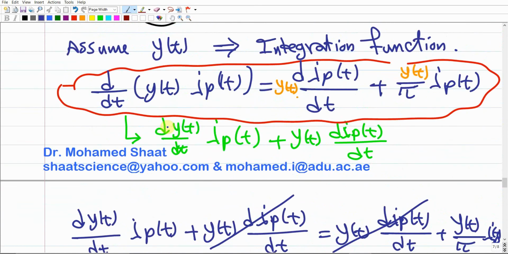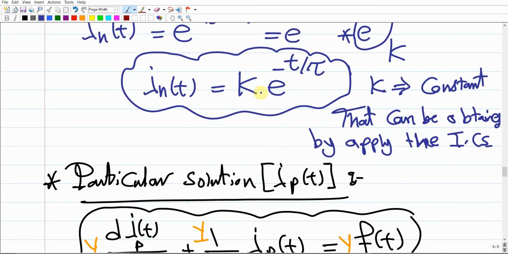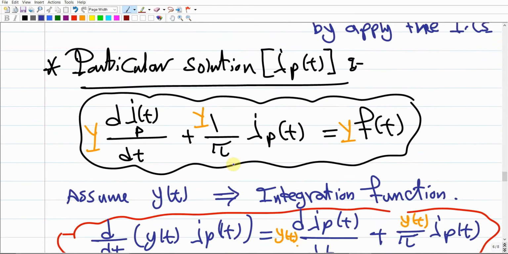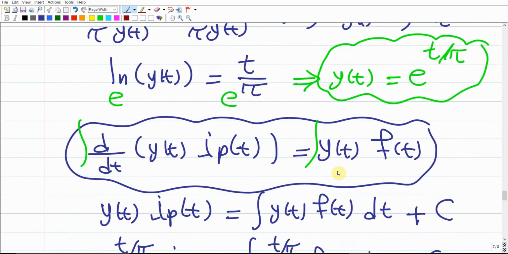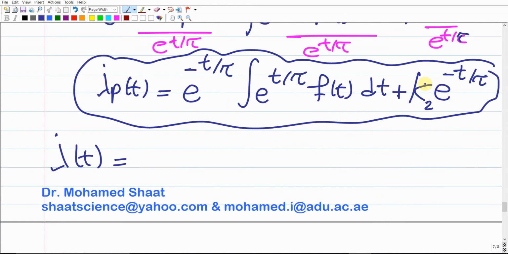The homogeneous solution, we got it here with this value as k e^(-t/tau). You could consider this as k1. And we already got another k here, like k2, right?